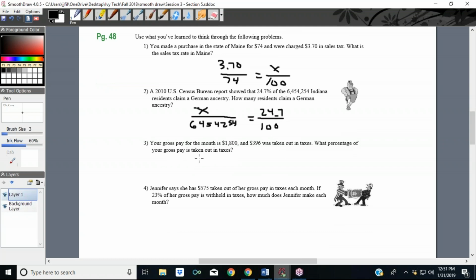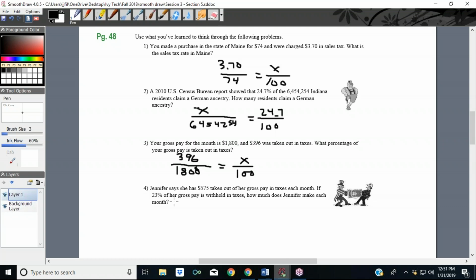And let's look at the next one. Your gross pay is $1,800 and $396 was taken out in taxes. So gross pay, that's the amount you get before taxes. So that's the original amount, 1,800. And then it says 396 was taken out in taxes, and we're trying to find out what percent you had taken out in taxes.